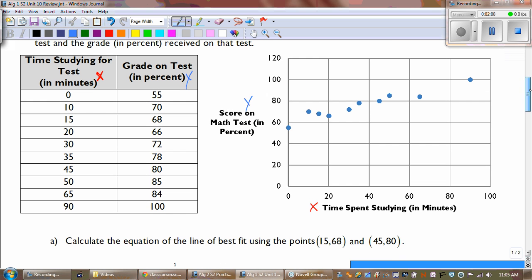Calculate the equation of the line of best fit using the points (15, 68) and (45, 80). Well, let's see where those are at. 15, 68, let's see. This would be 10, so my next one would be 15. So we got that point right there. And then we have to do the same thing for 45. This is 50, so there's 45.